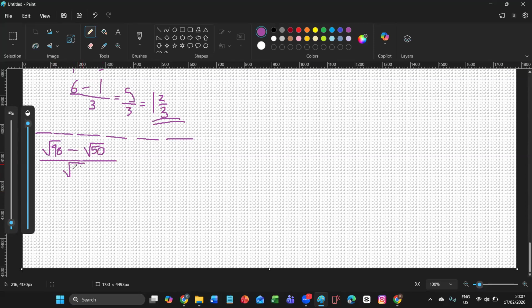So what will we do first? We start with sod 98, and we break it down, right? Into what times what? Think about the biggest perfect square you can get from 98 and the smallest imperfect square you can get from 98.